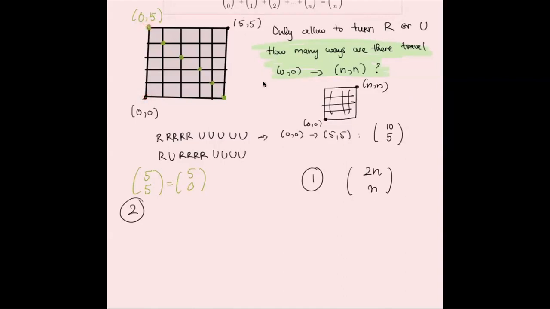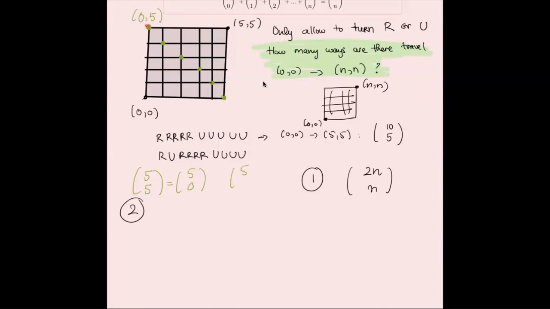And after you go from 0, 0 to 0, 5, you will have to travel from 0, 5 up to 5, 5. And how many ways are there? I can go from 0, 5 to 5, 5. I will have to perform 5 steps in general.